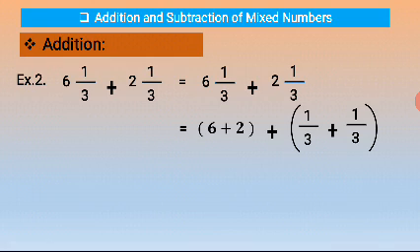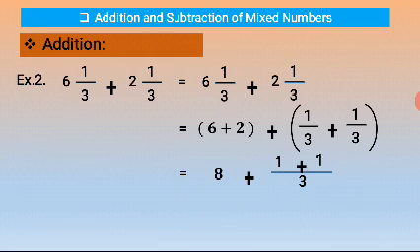Now we take the sum. Next step, 6 plus 2 is 8, plus. Here the denominators of these two fractions are the same, so we take the sum of the numerators, 1 plus 1, upon 3. The denominator is the same, so we write it one time, that is 3.